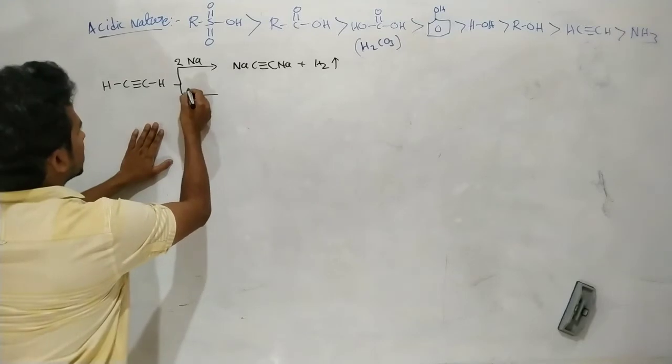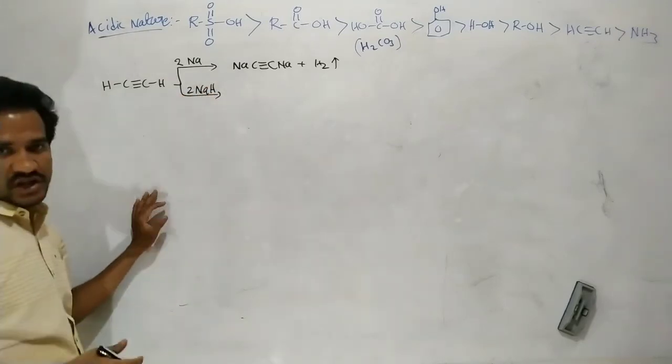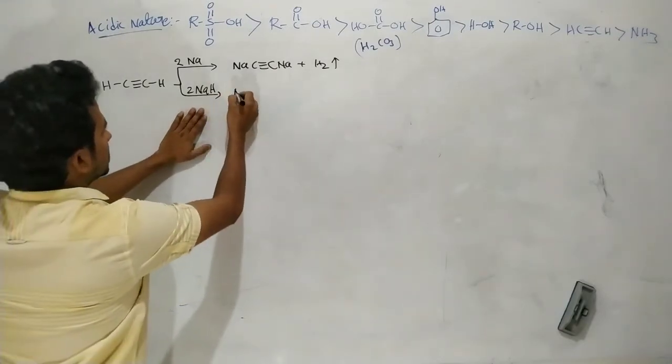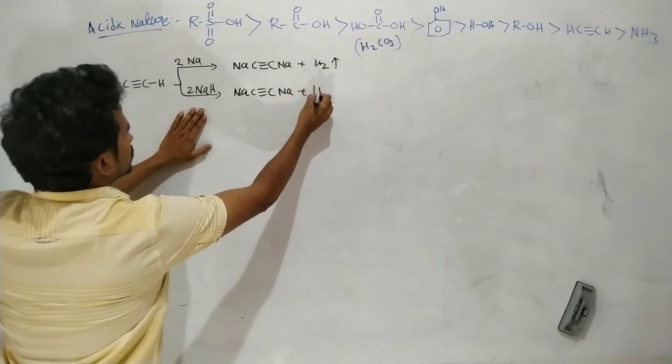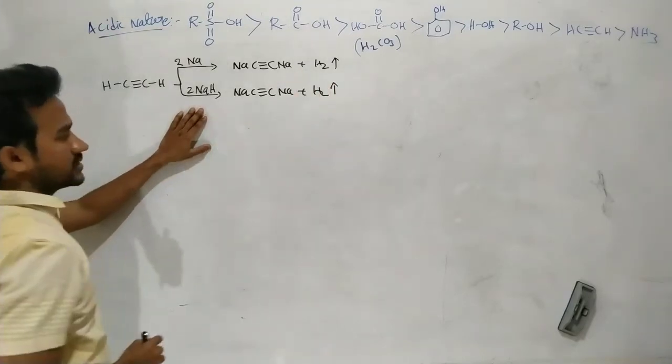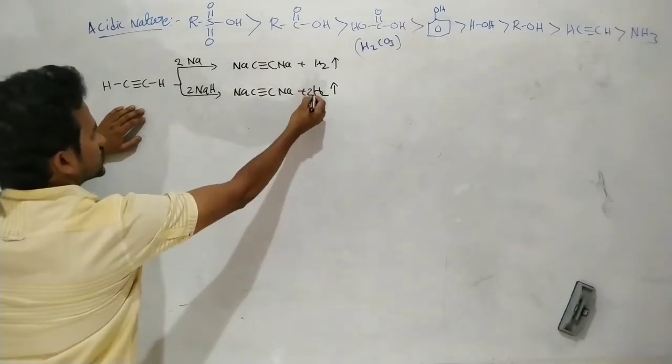Now it can also react with sodium hydride, since hydrides are basic in nature. Again the product is NaC triple bond CNa plus H2 gas, in this case 2 H2 gas.